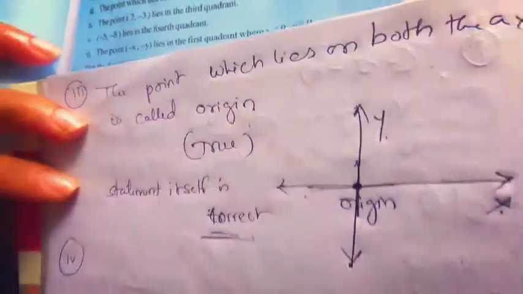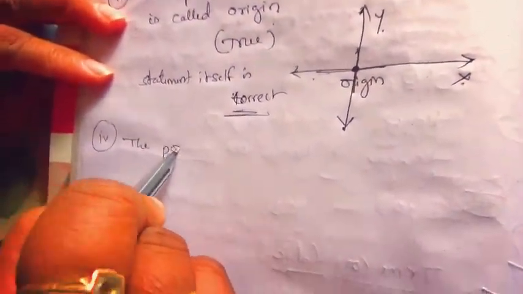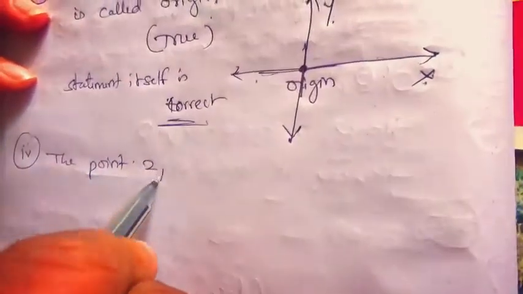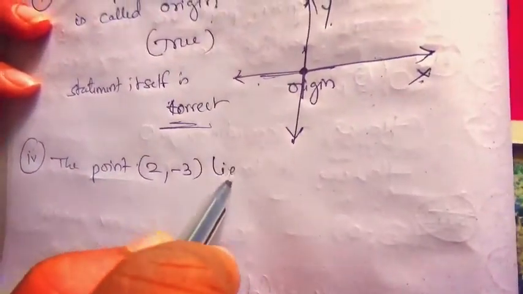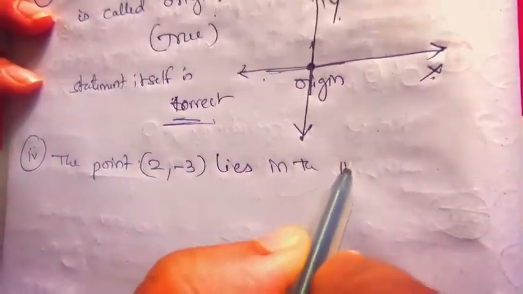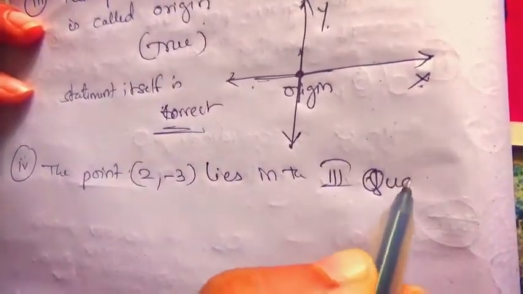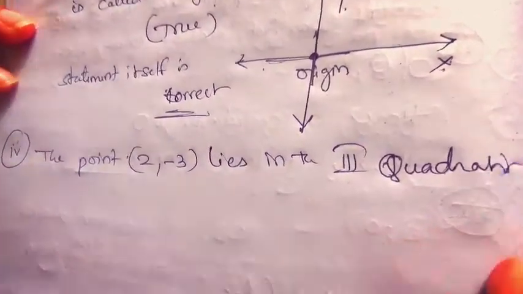So fourth one. The point (2, -3) lies in the third quadrant. Look at here.